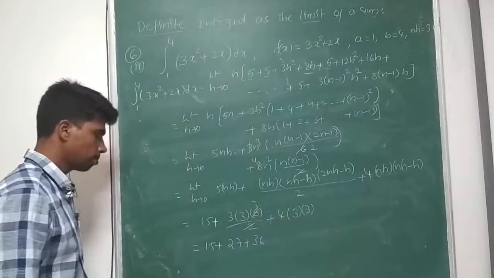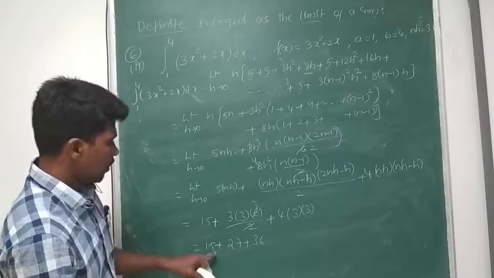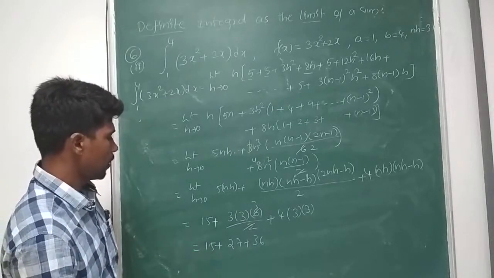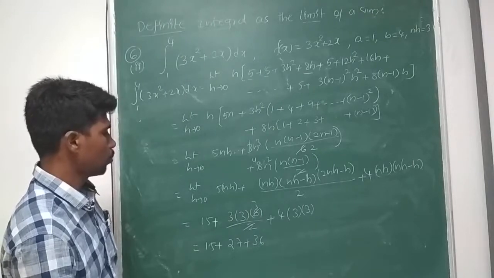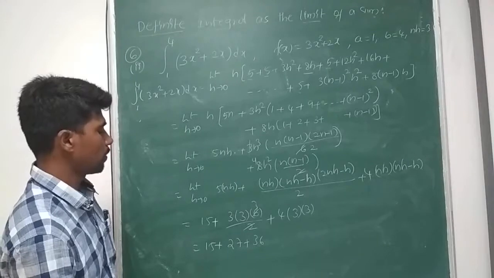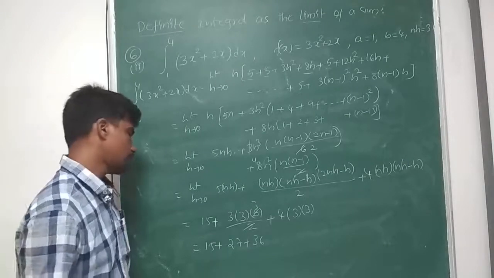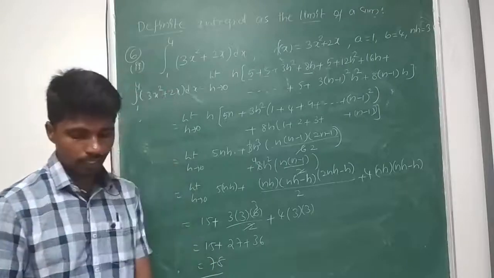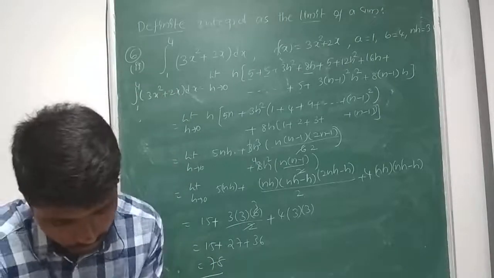Add 15 plus 27, 42. 42 plus 36, 78. So our answer is 78.